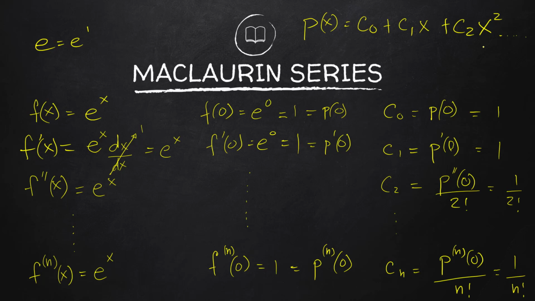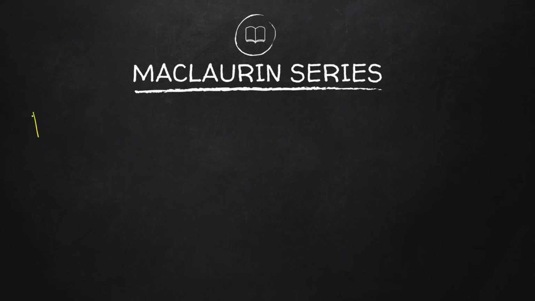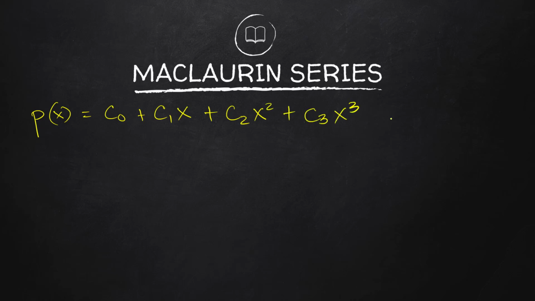So now going back to your original function, your approximating function is p of x is equal to c sub 0 plus c sub 1 times x plus c sub 2 x squared plus c sub 3 x raised to 3 plus, this will be up to c sub n of x raised to n.